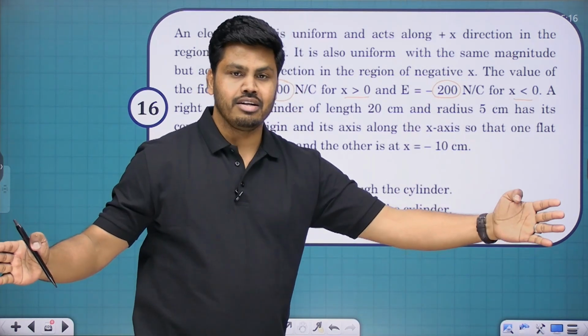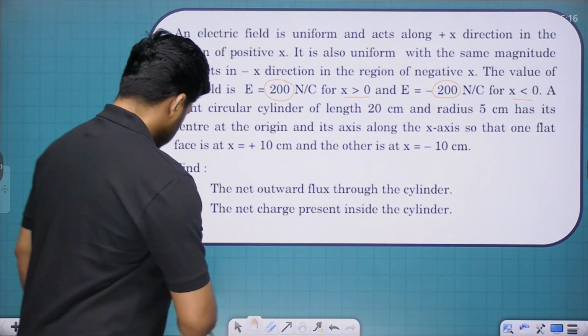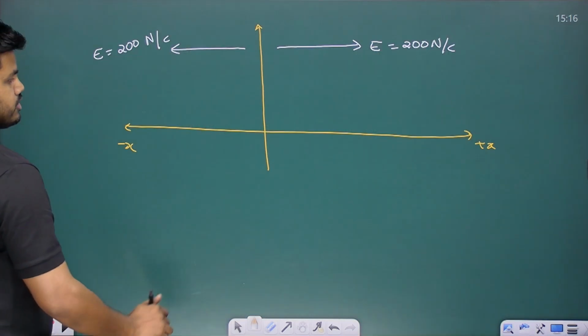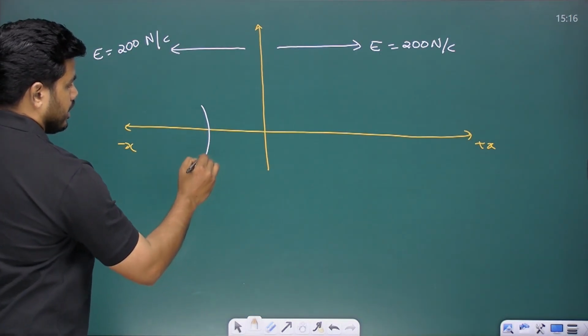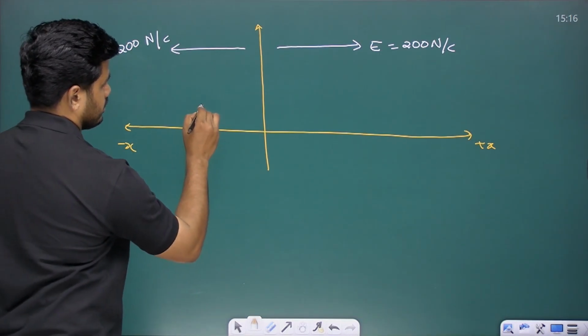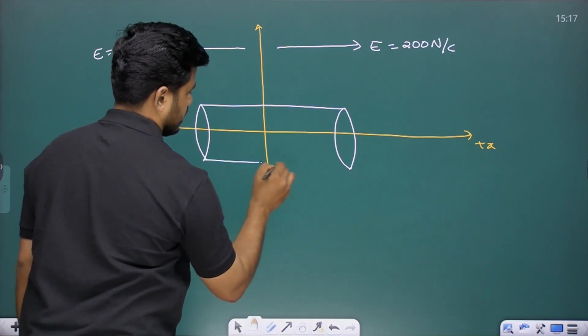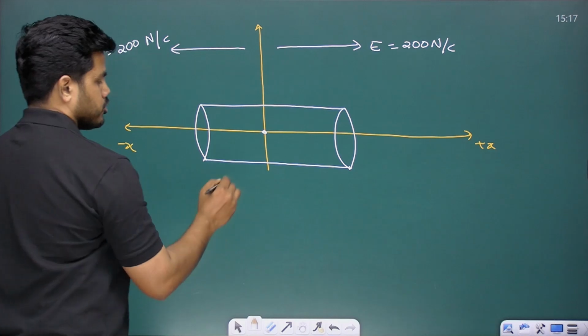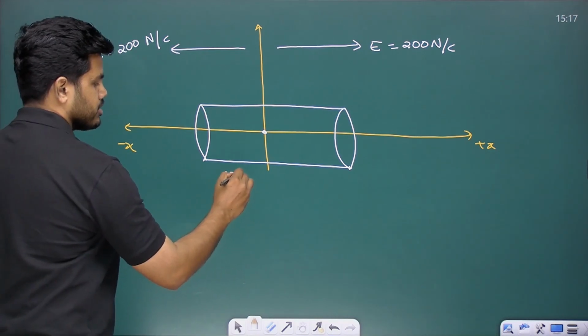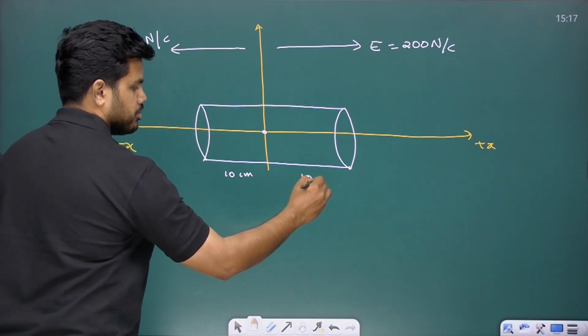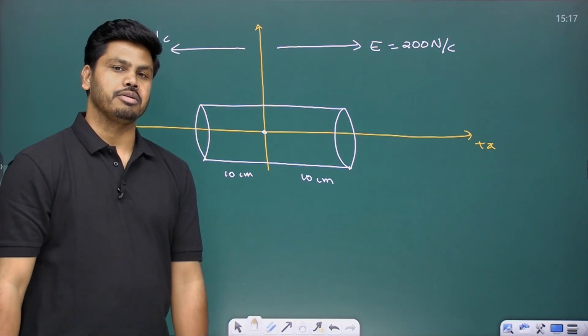Plus 10 to minus 10, the distance is 20 centimeters, right? So we have to keep the cylinder on the x-axis in such a way that this is how you have to take. See, this is the origin. So we get this as 10 centimeter on this side, this also 10 centimeter. Total length is 20 centimeters.